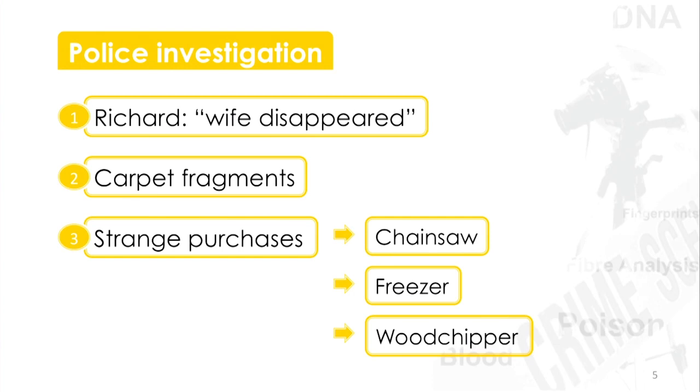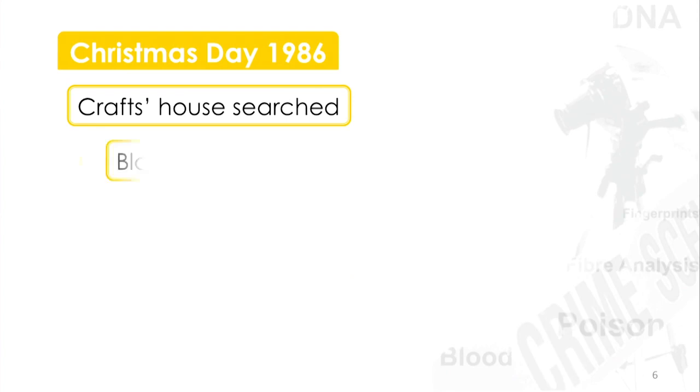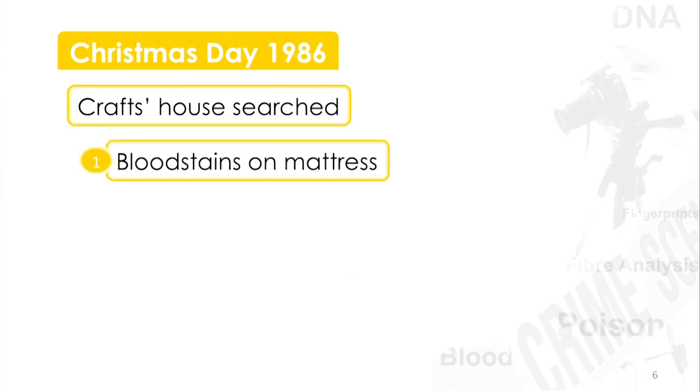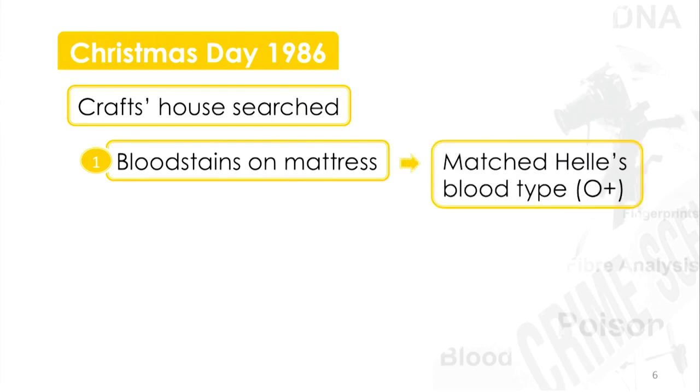Well, the investigation came to a climax on Christmas Day when the police searched Richard Crafts' house. And on the mattress, they found bloodstains. And when the blood type of those stains was taken, it matched Helle's blood type, which is O positive. This led them to think that some violent event had overcome Helle Crafts, and so the search became more serious.